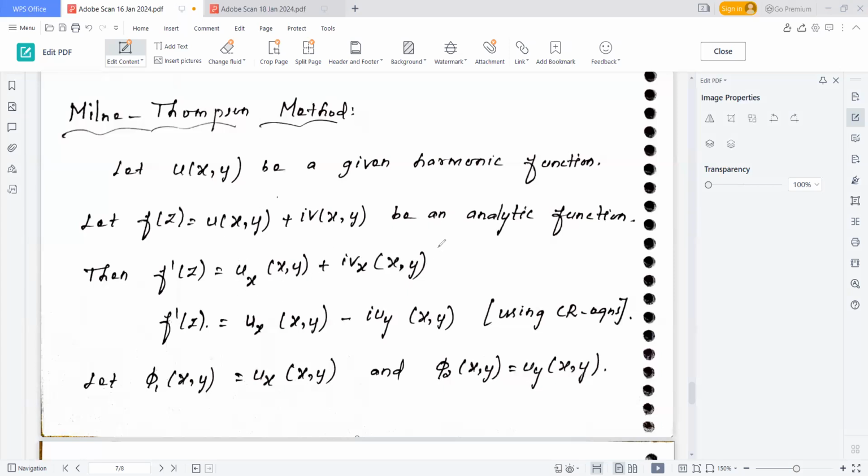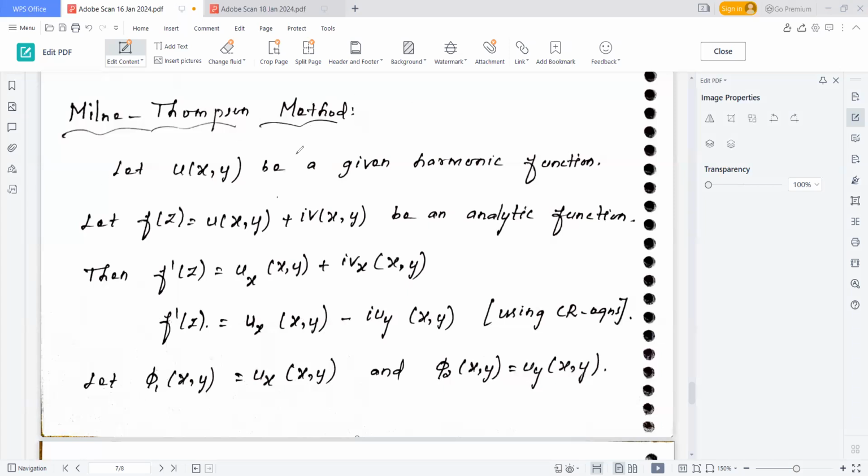Here we are using the Cauchy-Riemann equation in the place of vx. So in the place of vx, we are replacing vx as minus uy using the CR equation. Therefore, now f dash of z equal to ux minus iuy. Now we let the function ux of x comma y be phi1 of x comma y and uy of x comma y be phi2 of x comma y.